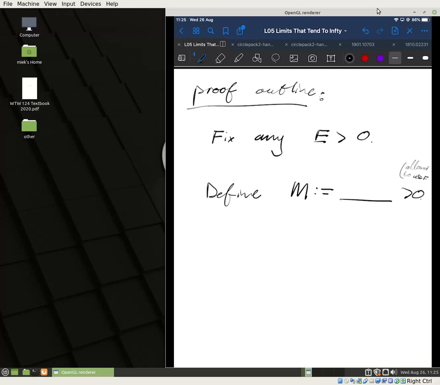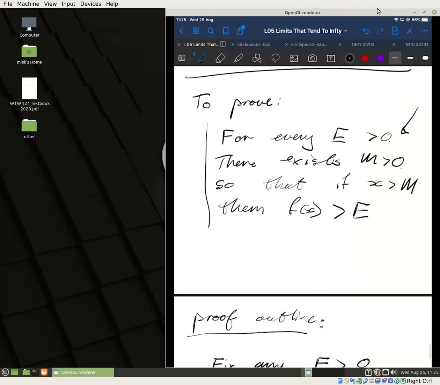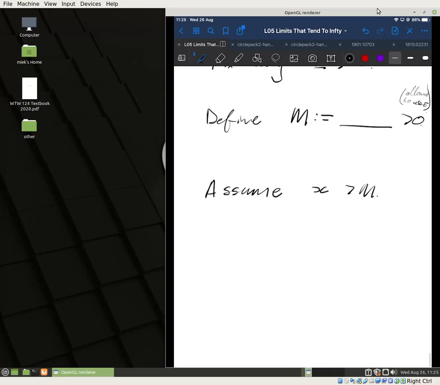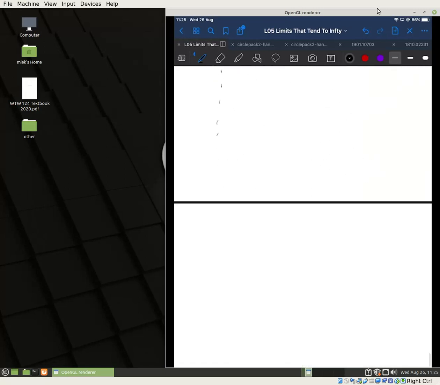We're allowed to use capital E here in defining our M. So that if x is bigger than M, so what will we do? We will assume x is bigger than M, and then we have to somehow conclude that f of x is bigger than E.